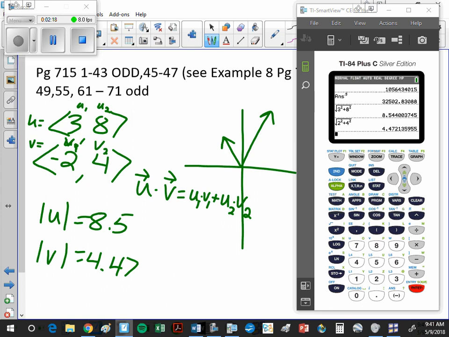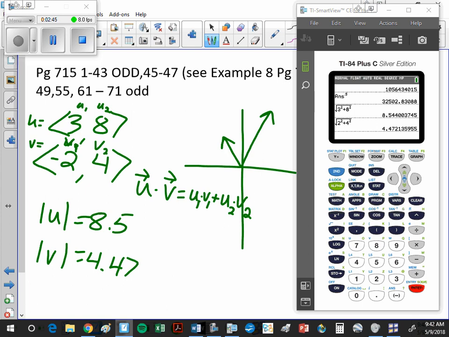And if your vector was a three-dimensional vector, then you would write plus u3 times v3. If it was a four-dimensional vector, then you would write plus u4 times v4. You can have vectors in as many dimensions as you want. You can have a 14-dimension vector, and you can still do the mathematics. Visually, it's kind of hard to draw because we can't really draw anything outside of 3.